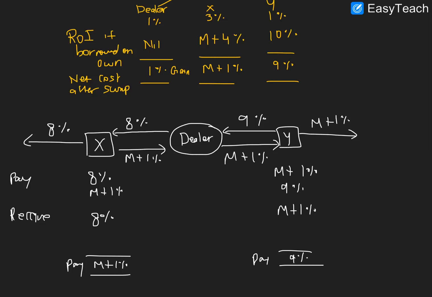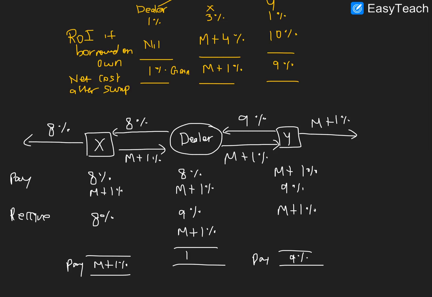Talking of the dealer, the dealer is essentially paying 8% and also MIBOR plus 1%, whereas the dealer is also receiving 9% and MIBOR plus 1%.